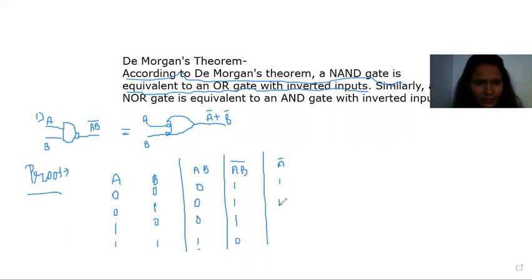Then 1, then 0, 0. Now we will find B bar. Here 0, its complement will be 1. 1, its complement will be 0. 0, its complement will be 1. 1, its complement will be 0.